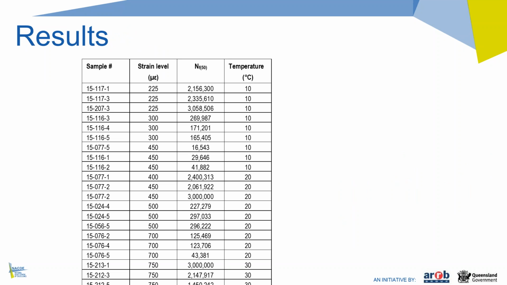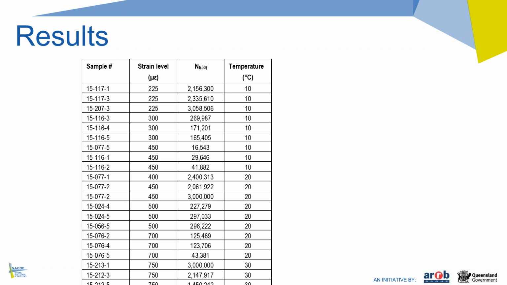And in terms of test results, they would look something like this. So you run the tests for different samples at different strain levels, and you get different results. There's a number of cycles to failure at different temperatures, and then that is the data set that you're going to fit your fatigue model to, and I'll just quickly run you through that.